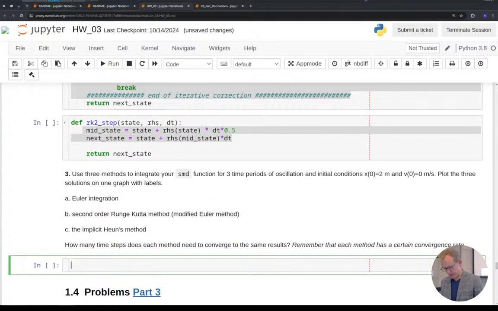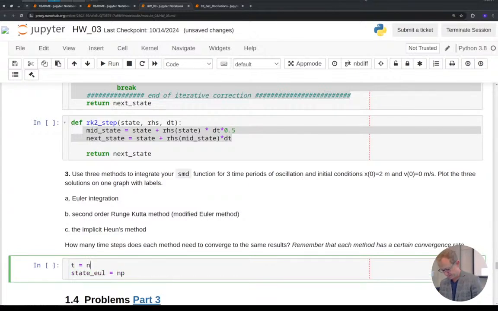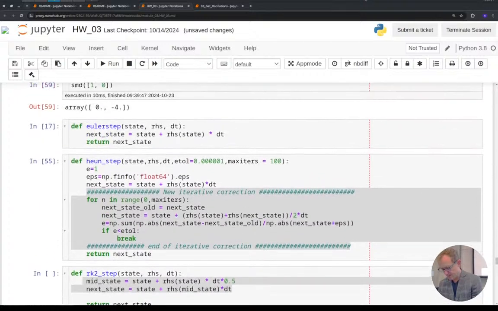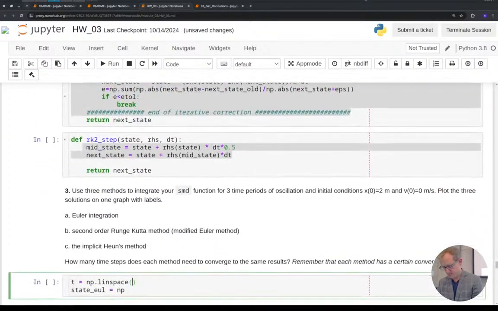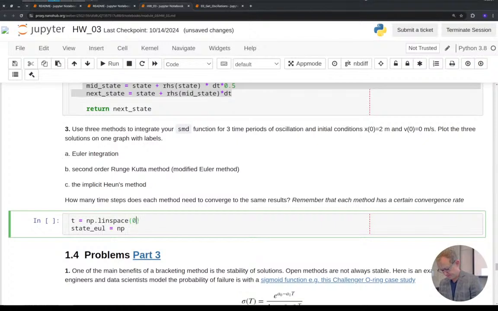So let's set up our states. I guess first we should set up time. What's our omega? Let's do 6.